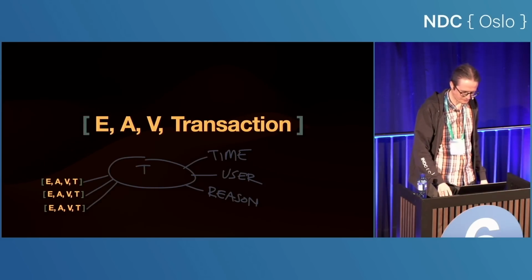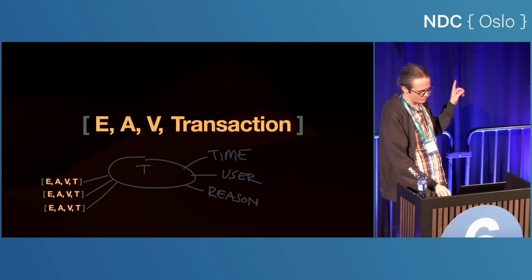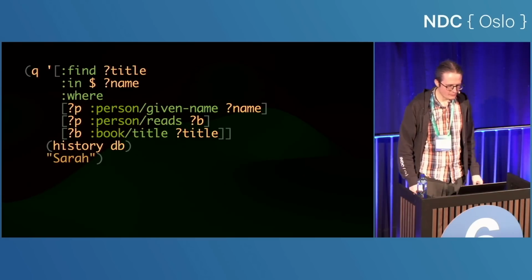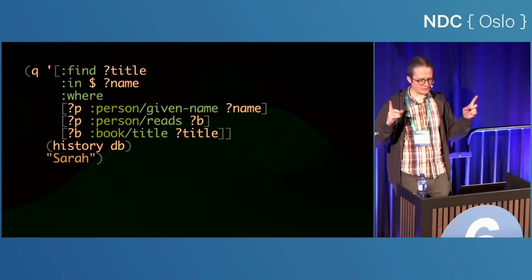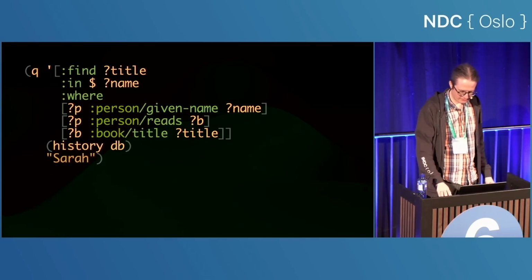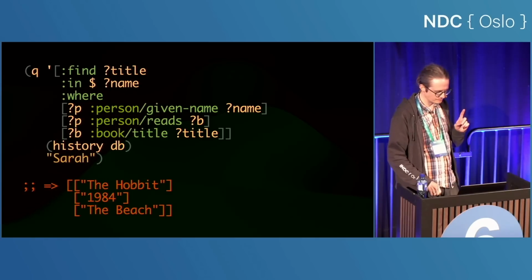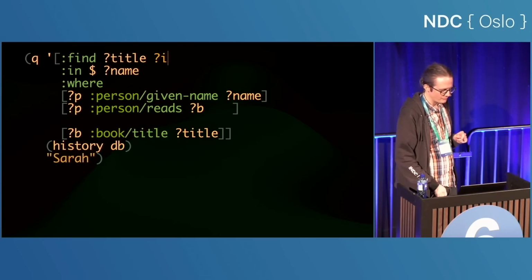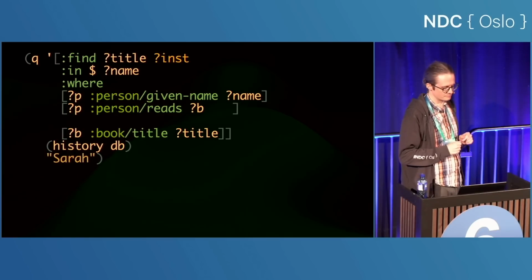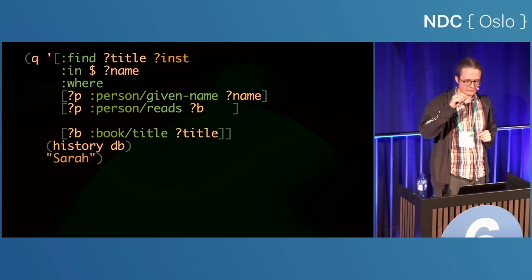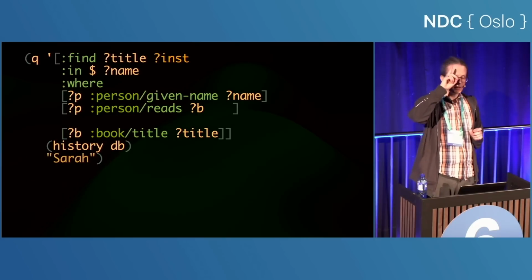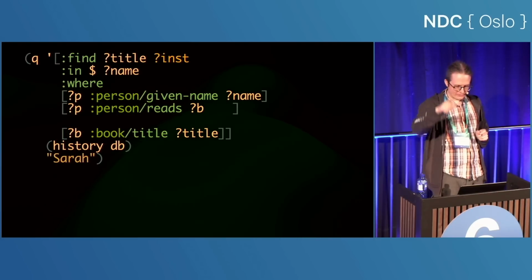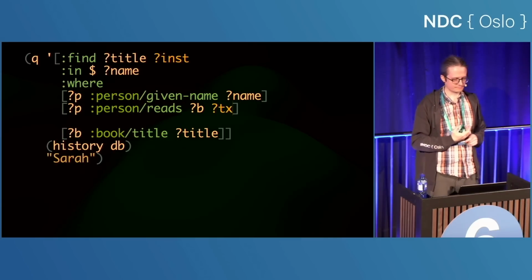So, now that we know that transactions are fully fledged entities, we can go back to this history query. You remember it gave us all of these books. And add a crucial piece of information. You want to also find the instant at which they were asserted into the database. If you now look at the person reads row, we have the E, A, and V, and then the transaction.